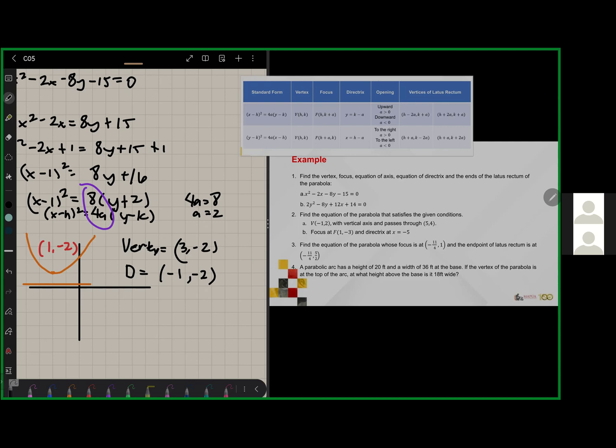Next, we need to find the equation of our axis. The equation of our axis is simply the line where the parabola is cut into half. So here is our axis.